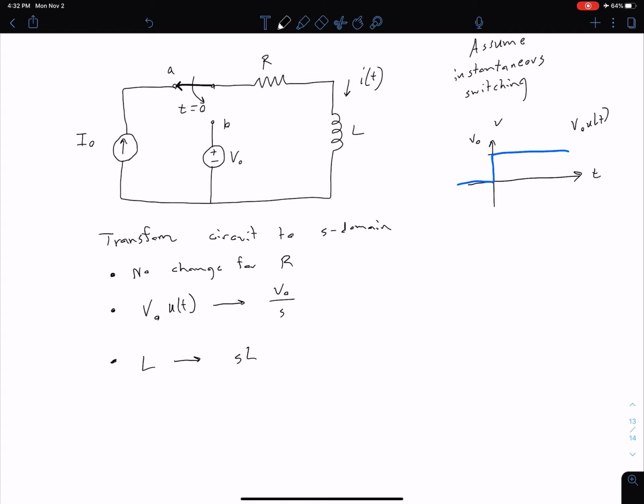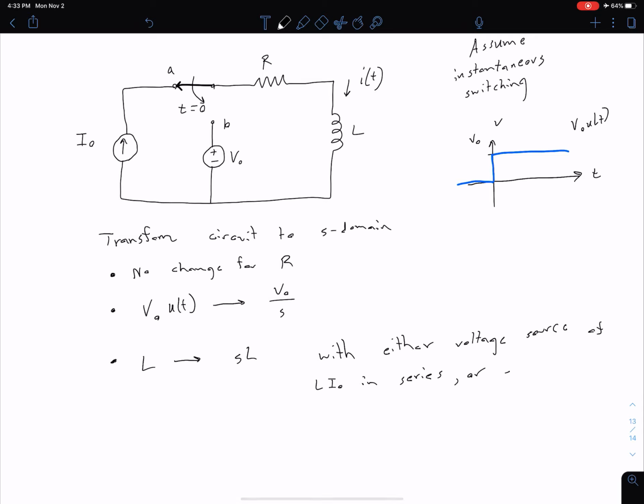So what that means for our S domain representation of our inductor is that this impedance sL is either going to have a voltage source in series or a current source in parallel. For the voltage source, the value is going to be L times I0, in series with that inductor impedance.